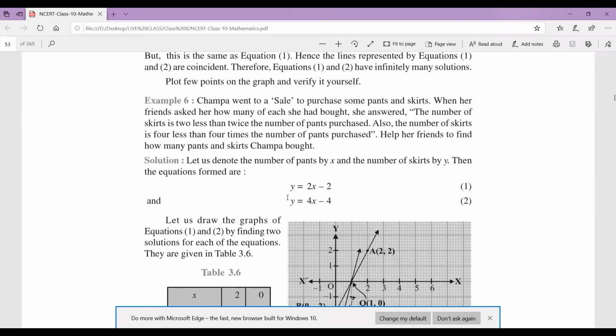Is it done? All of you got the same equations as written here? Yes, sir.